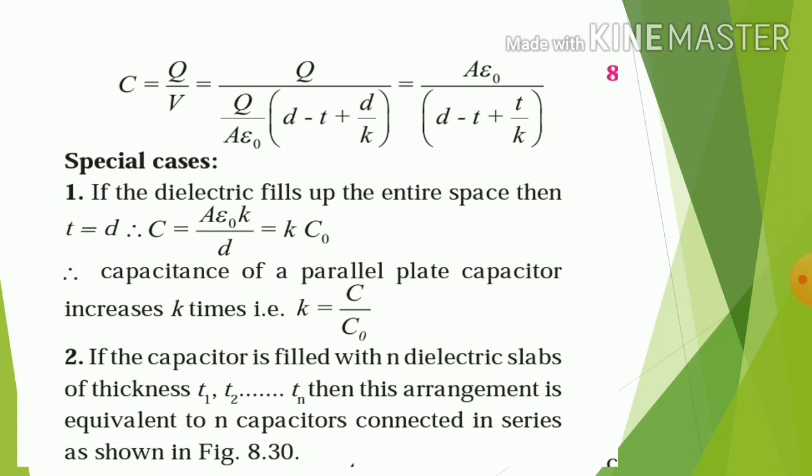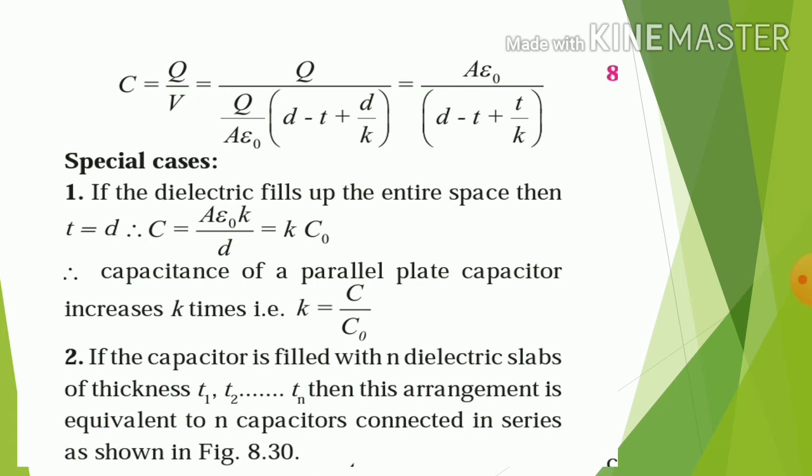This relation is nothing but C equal to K into C0. Therefore, the capacitance of the parallel plate capacitor increases K times, that is K equal to C upon C0.